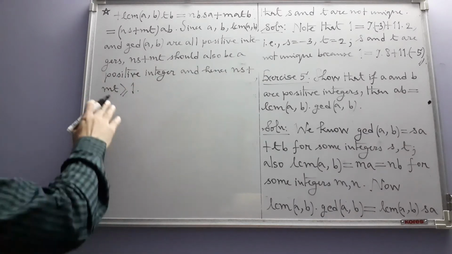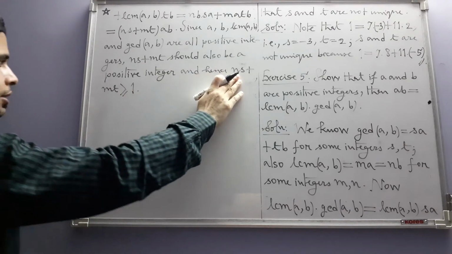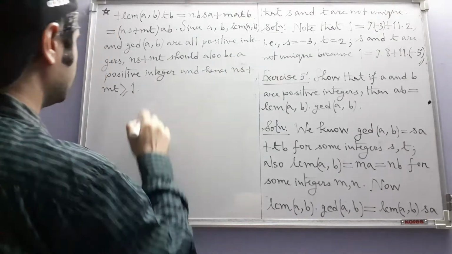Okay, positive integer means this is the smallest positive integer, so it should be greater than or equal to 1.